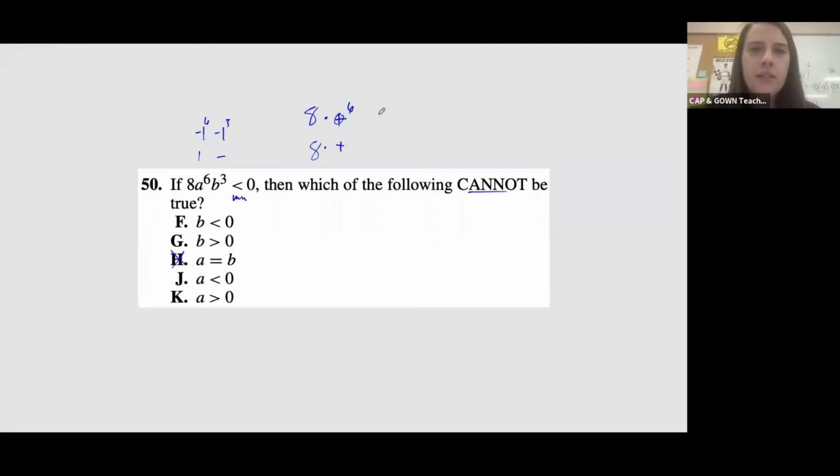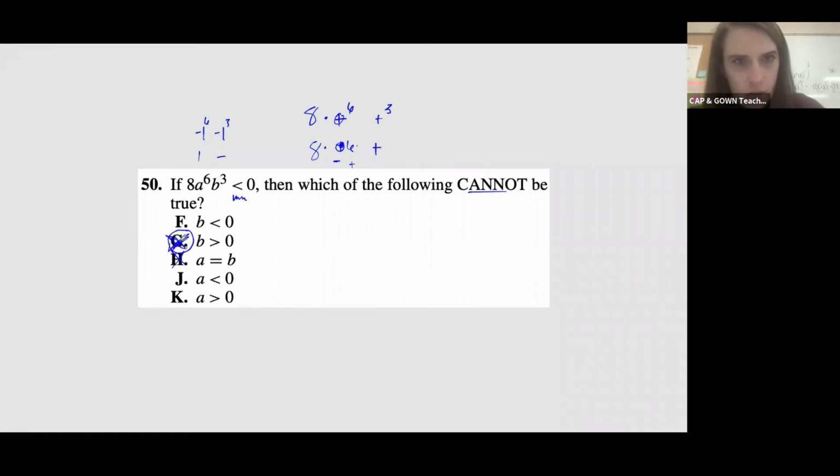And if we have positive numbers to the 3rd, they're always going to be positive. So boom, this can't be true if B is greater than 0. Oh wait, duh. We don't know about A though. This could be a negative, I'm sorry. Negative to the 6 could end up being positive. So not necessarily true.